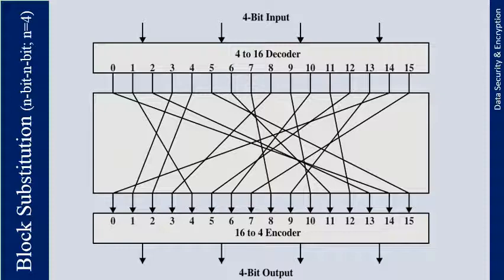So this diagram illustrates the logic of a general substitution cipher for an n-bit algorithm. For this case, we are using n equal to 4. That means we will have 4 bits of input, and we will want to have 4 bits of output.